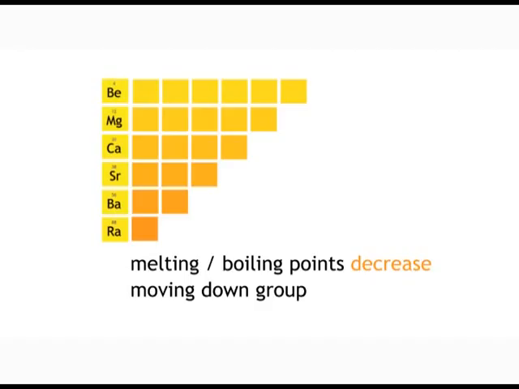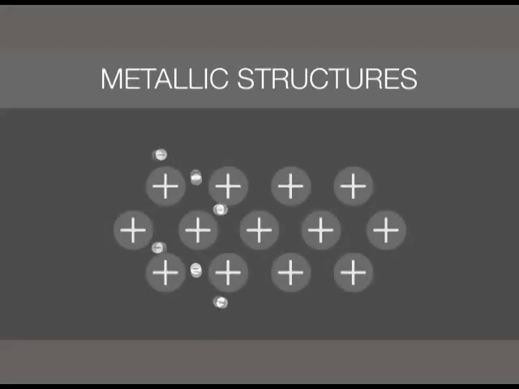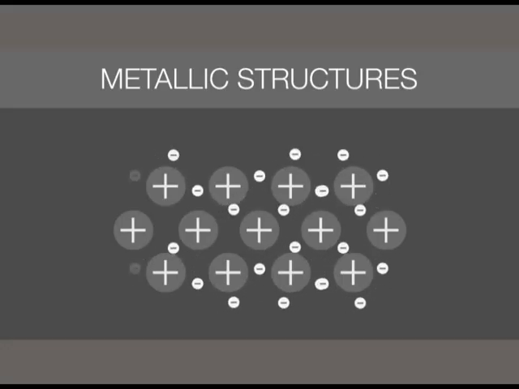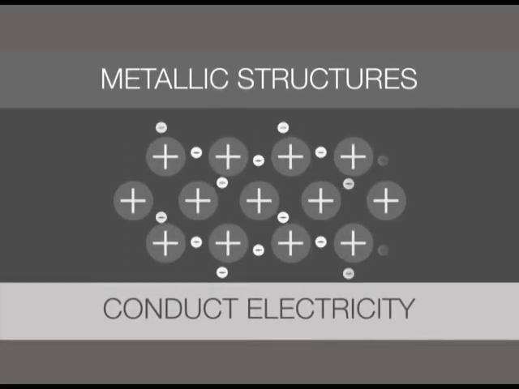Just like their alkali metal neighbors, alkaline earth metals have metallic structures, and because of the free delocalized electrons, they are good conductors of electricity. But because the alkaline earth metal atoms each contribute 2 electrons to the delocalized region, they are better conductors than the alkali metals whose atoms contribute 1 electron each.